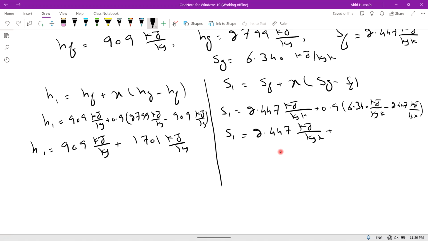So the answer will be 3.5037 kilojoule per kilogram per Kelvin.